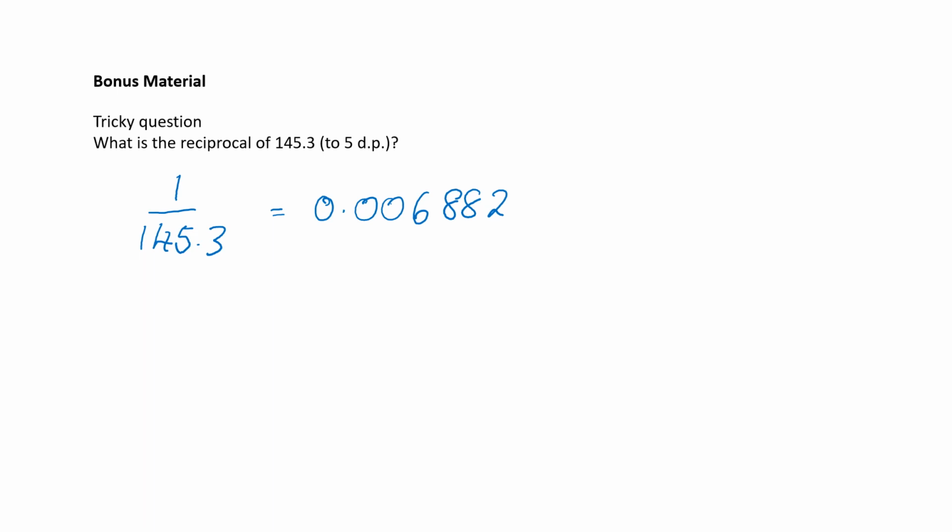So I've given it there to 6 decimal places. So the 5 decimal places is 0.00688. And the examiner can see then where I've got my answer from. They can see that the 688 comes from the 6882. And because it's a 2, which is smaller than 5, the final 8 does not change.